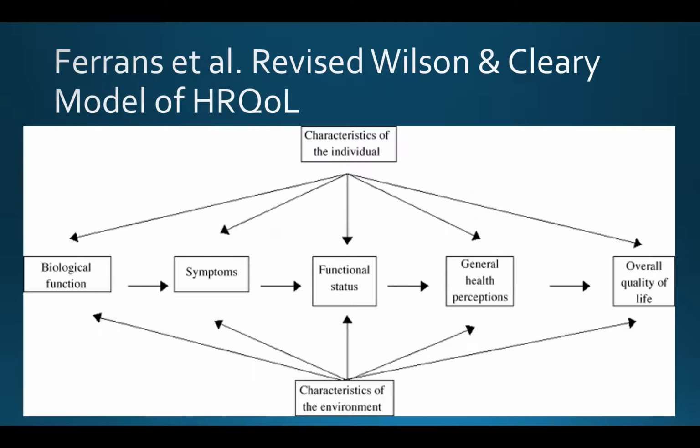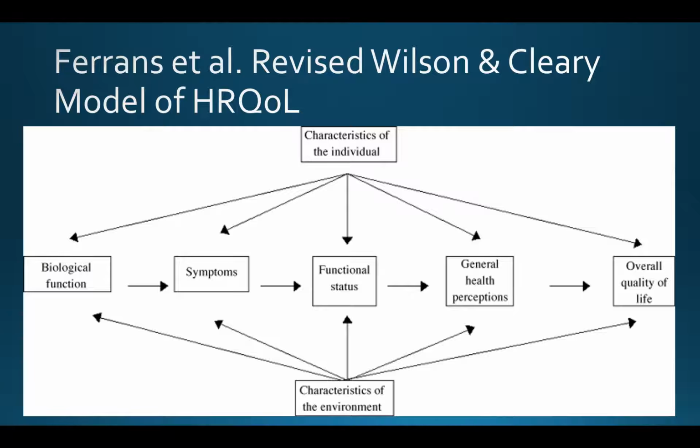So, following the establishment of the Wilson-Cleary model, Ferrans and colleagues revised their model and simplified it a little bit. What they did was they kept the same 5 major domains of the original model, but they made explicit definitions for what individual and environmental characteristics meant, and they simplified the depiction of the model by removing non-medical factors and labels on the arrows portraying the relationships in the figure.